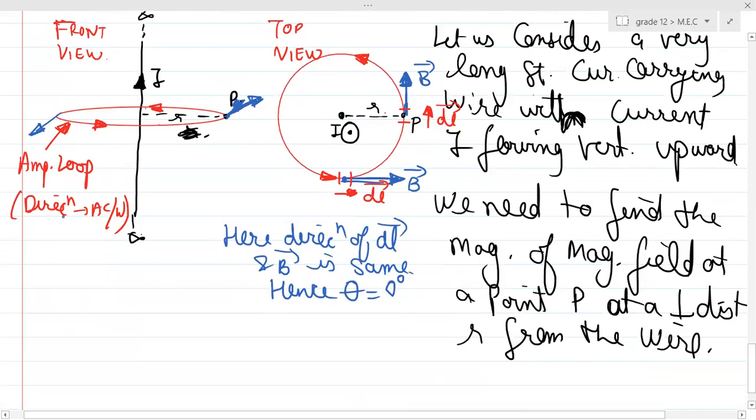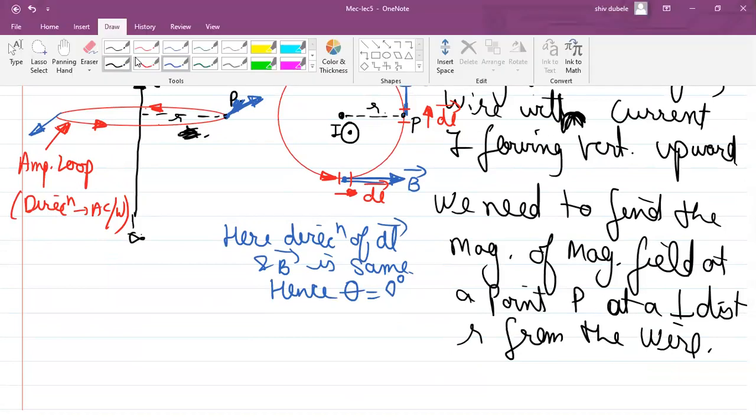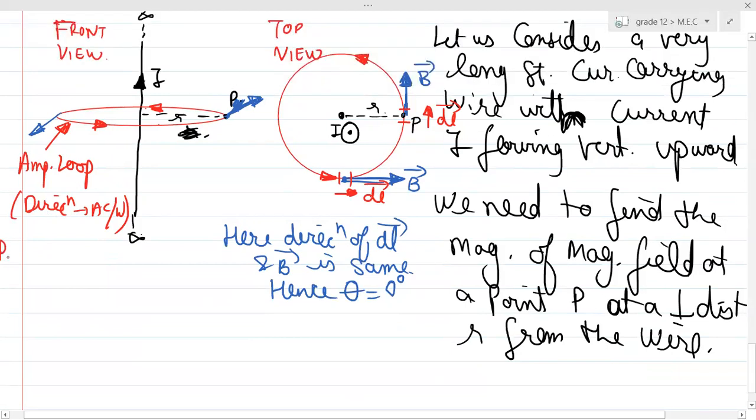Also, since we have chosen direction as anti-clockwise, then by applying which rule? RHTR, the right hand thumb rule.